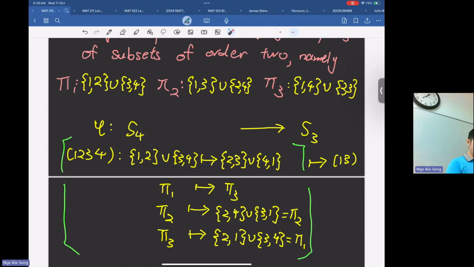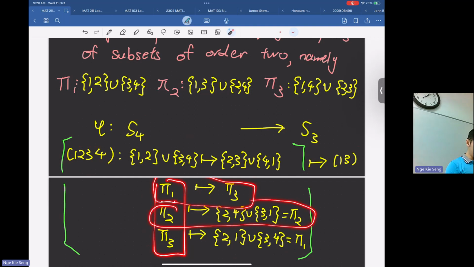Kernel means the things in S4 that get sent to the identity in S3. How to get (1 3)? To get (1 3), we look at how these pi get sent. From (1 2 3 4), we can see that pi 1 gets sent to pi 3, pi 2 got fixed, and pi 3 gets sent to pi 1.